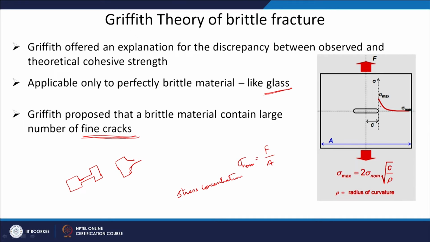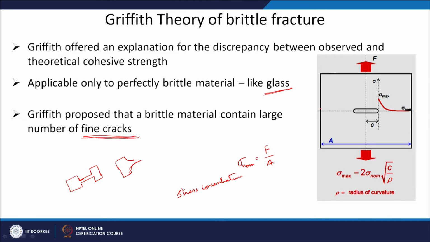So, where the crack tip is there, the stress is very high. This is my sigma max, and as you go away from the crack tip, the stress is equal to whatever you get from the force per unit area. The dimension of the crack is also defined here. The total dimension is 2c. If it is an inside crack, we will take only half of that, that is c.